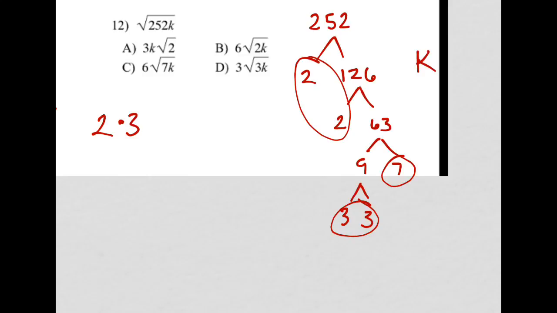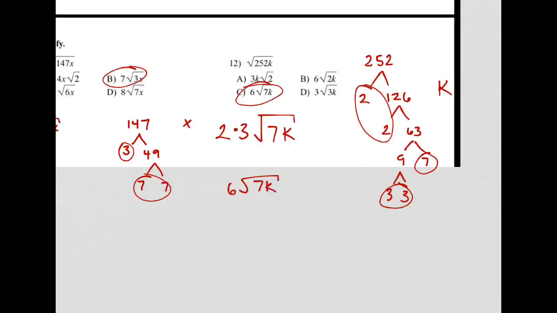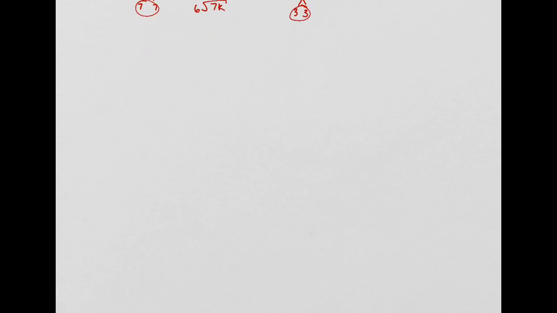If we had k squared, then we'd have k times k, and then we'd have a k on the outside. But we don't have that. So we just have the k on the inside, and the 7 on the inside. So 7k. And that's just 6 times the square root of 7k. There it is. Alright, moving on to the next one.